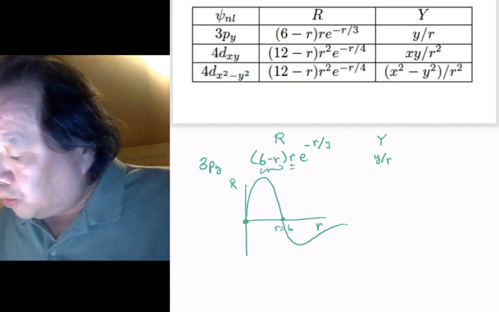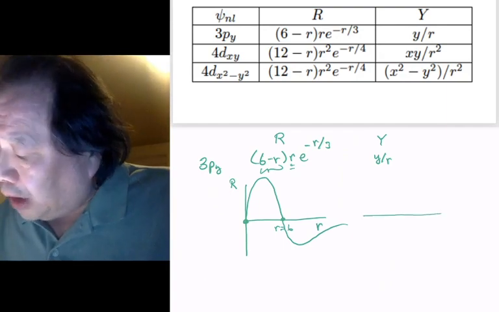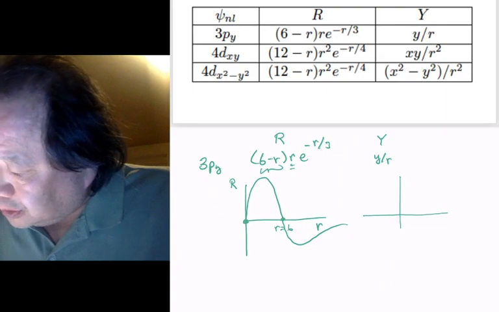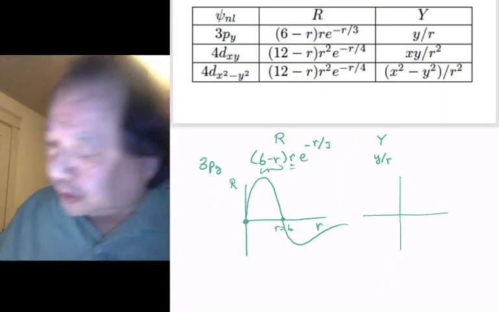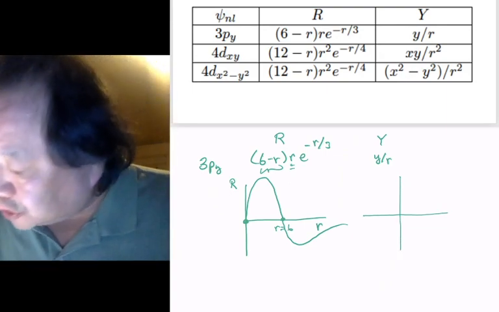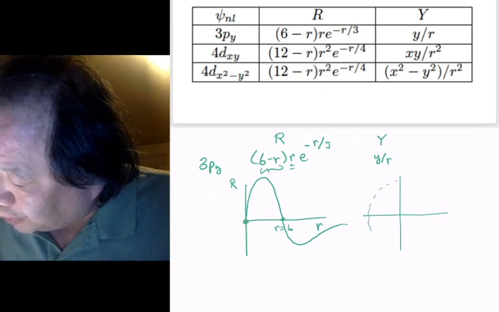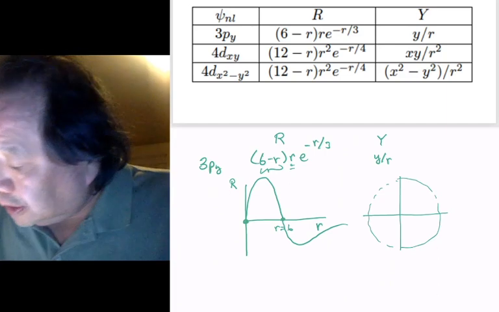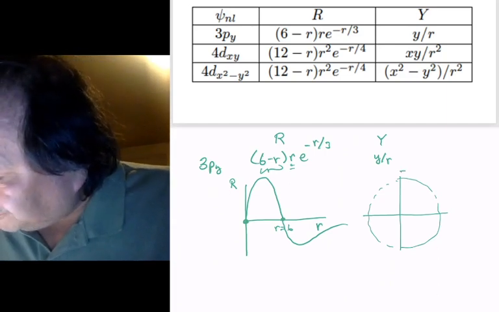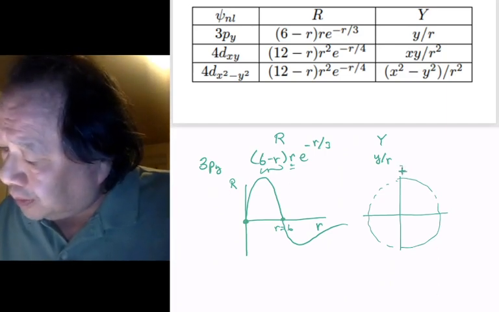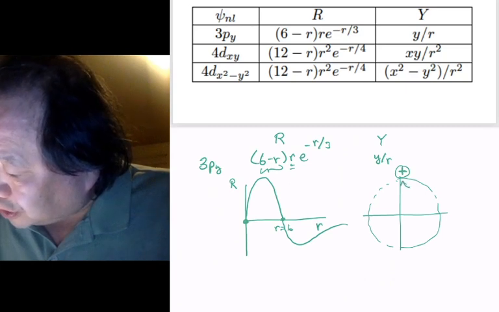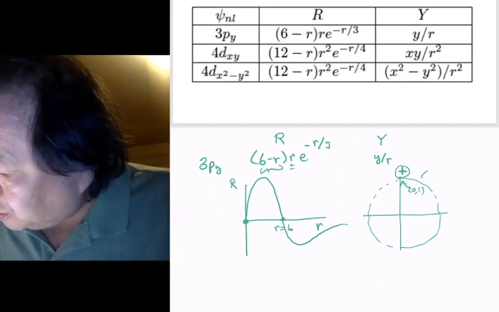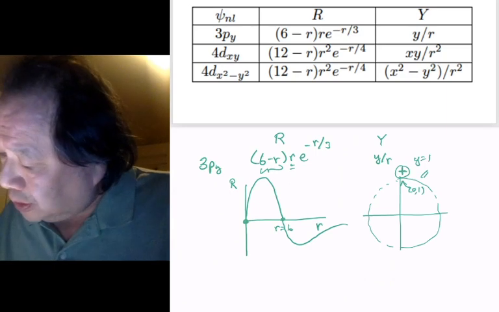Now let's look at Y. Well, y is a direction. In the direction going at 12 o'clock, we're just going to look at the points on the circle. At 12 o'clock, it's very positive, because this is the point (0, 1). y equals 1 here.